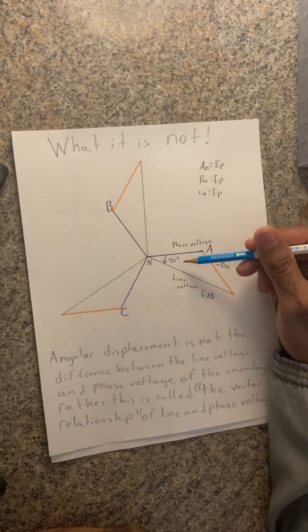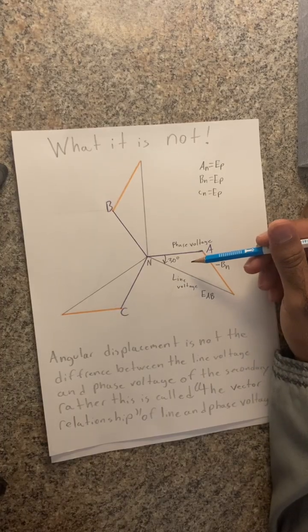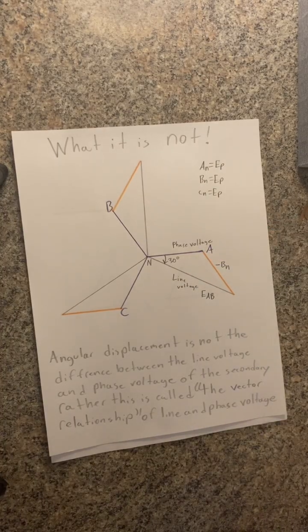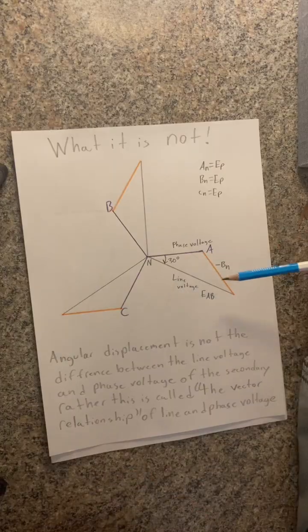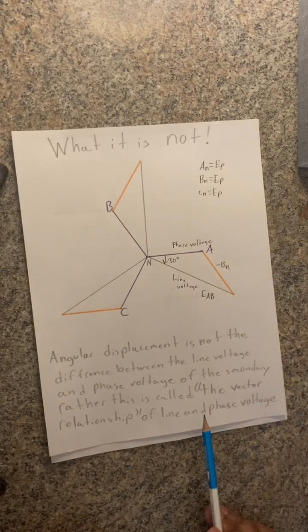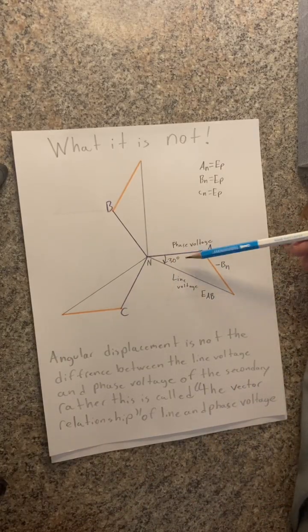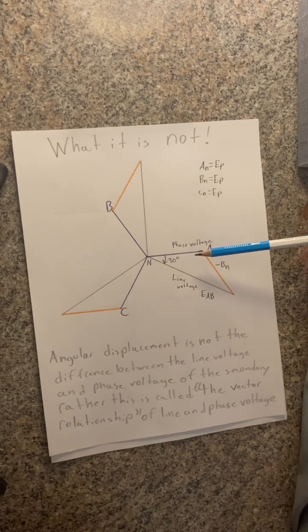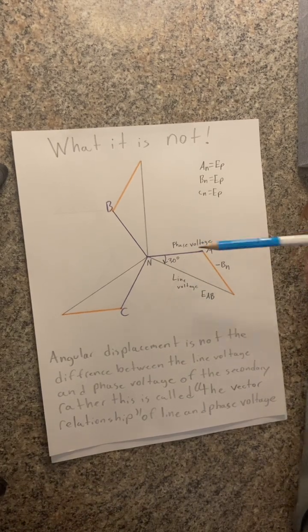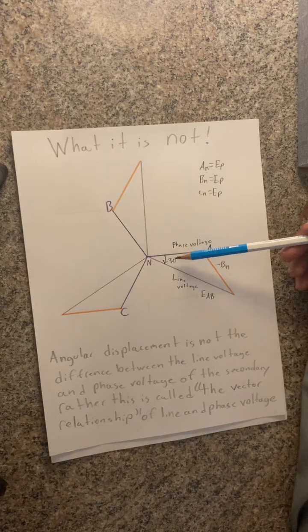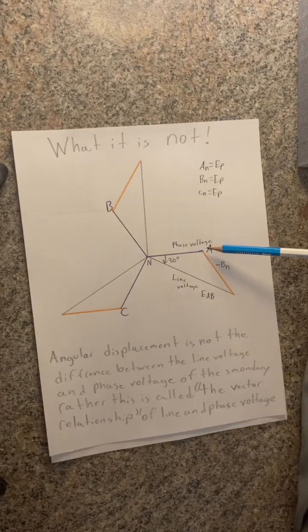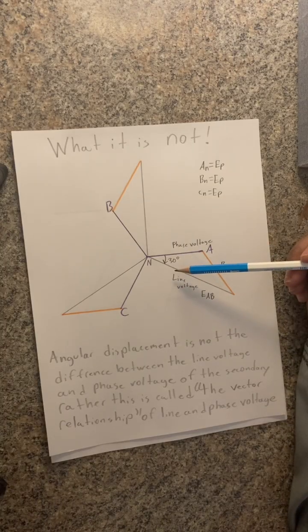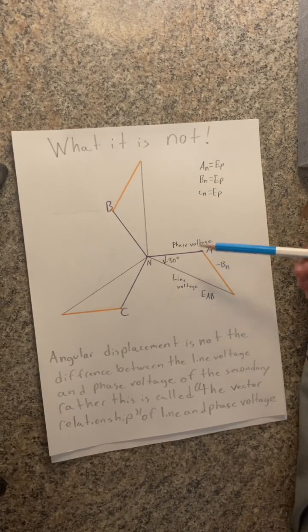This is not what we call angular displacement when we are referring to the angular displacement of the transformers. This is the difference of the vector relationship between the secondary side, or primary side, but here we're going to talk about the secondary side. This is the difference in relationship between the phase voltage and the line voltage, not what we call angular displacement.